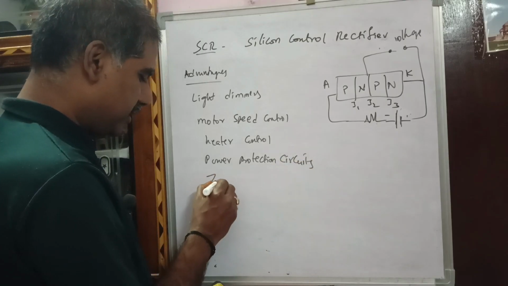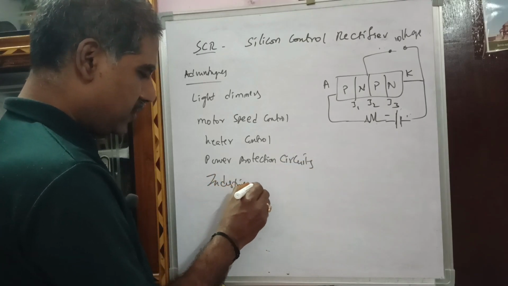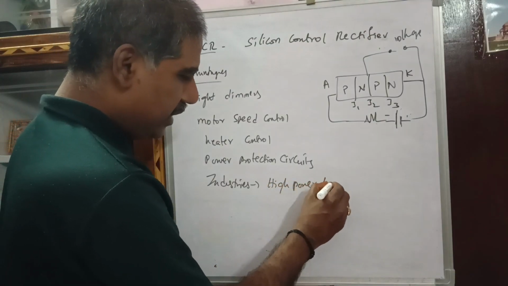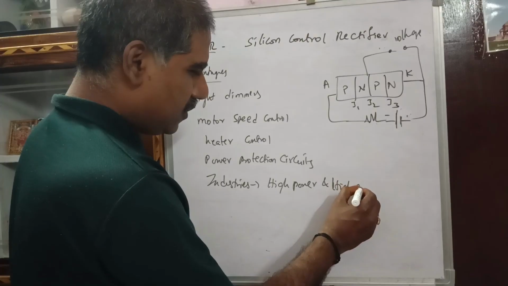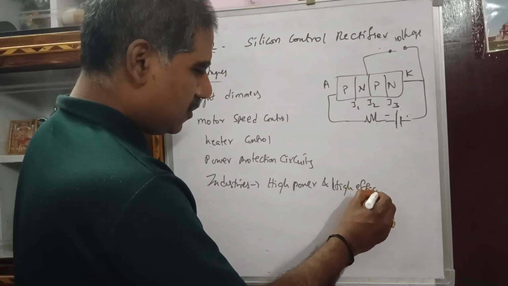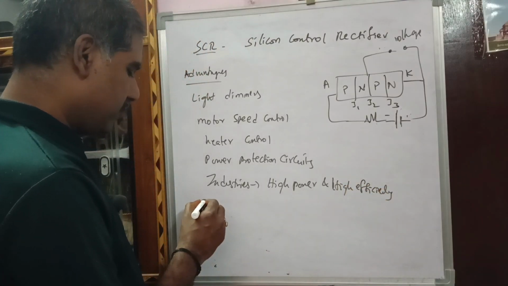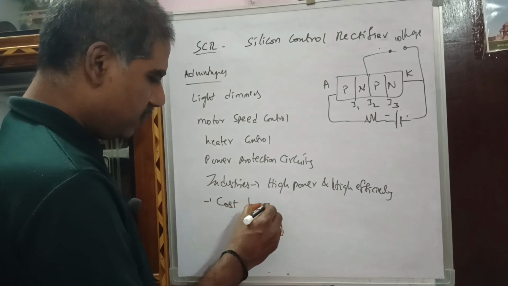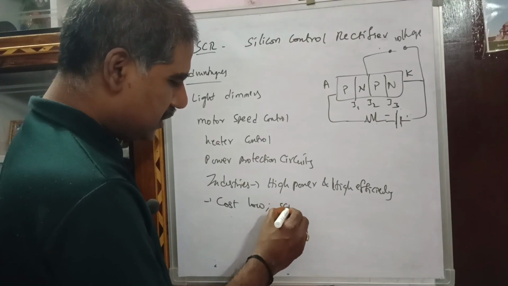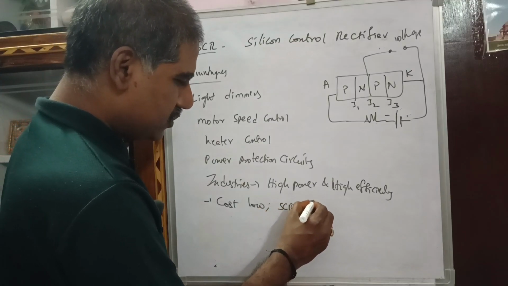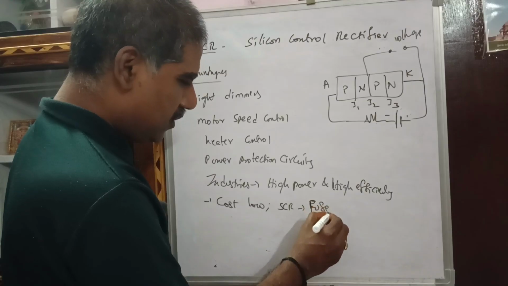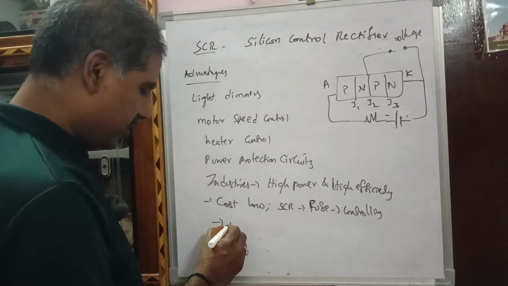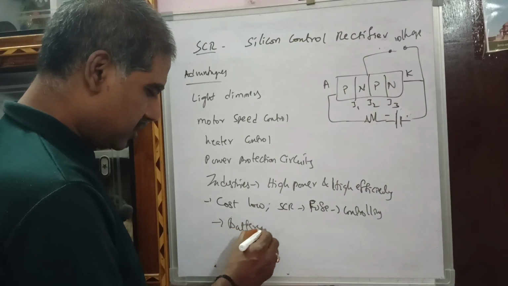It may be used in industries to manage high power with high efficiency. The cost of an SCR is low, and it has a fuse element for controlling. It can be used in battery charger circuits.